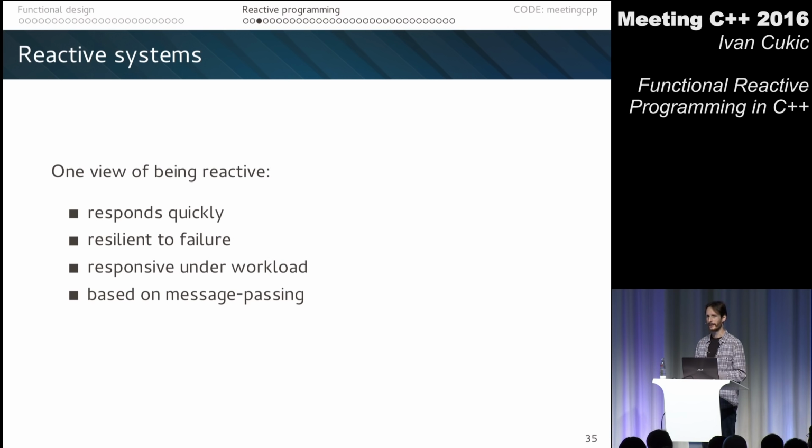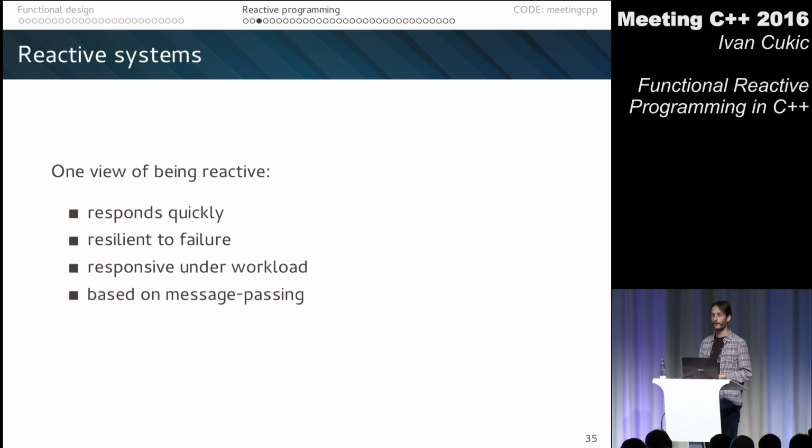None of these things are really obvious. I shouldn't write my code so that if something fails, my whole application crashes. The only maybe novel idea here, although, again, not that much, is that everything should be based on message passing. Or, as we like to call them, event loops.